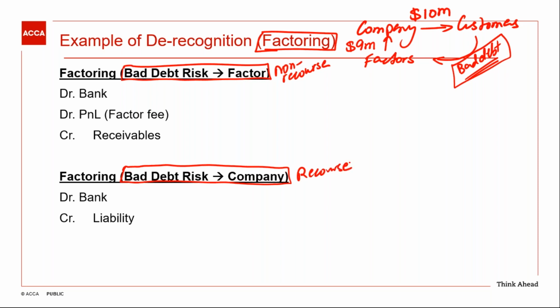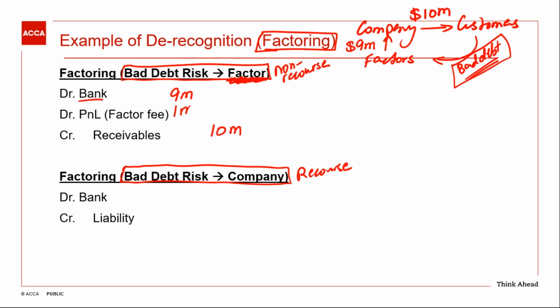So if the bad debt risk belongs to the factor, this means that the risk and rewards of the receivables have been transferred. So in this case, we are going to make the entry as the bank debit by $9 million. And as the risk and reward of the receivables have been transferred to the factor, we should be de-recognizing the receivables from our financial statements.